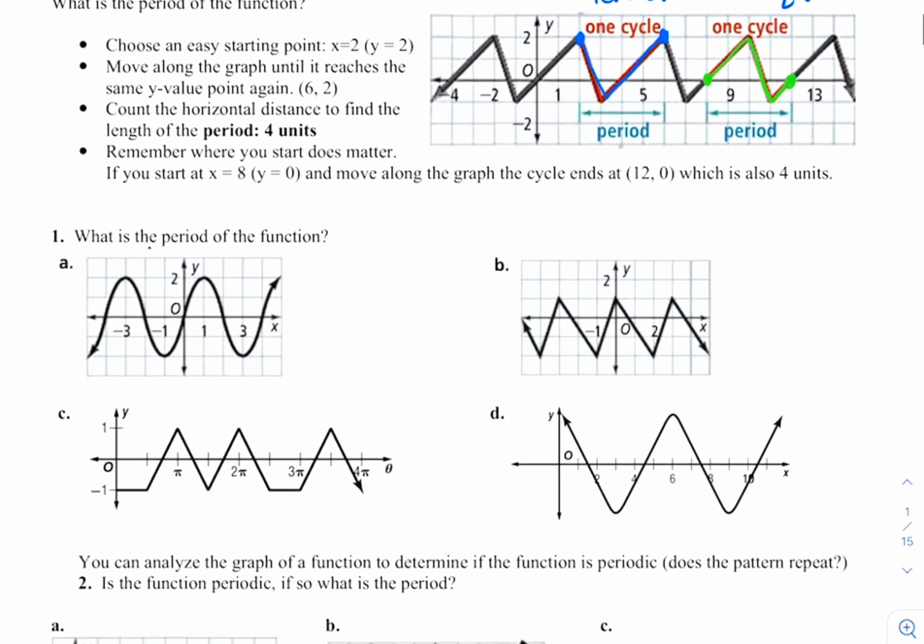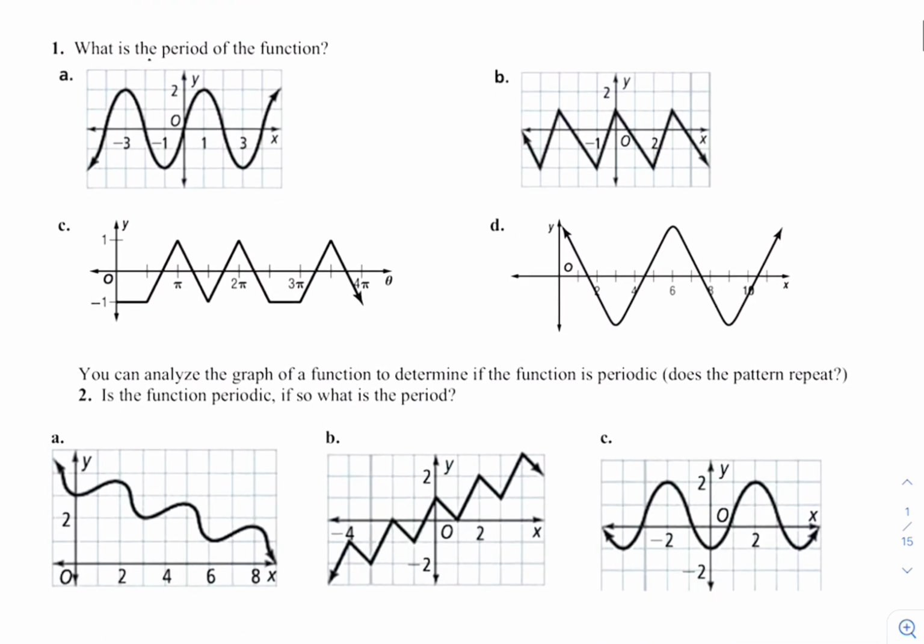Okay. So we're just going to do some practice of identifying the period of a function. If you pause your video for these 4 problems, I would like you to identify one cycle, and then once you have that identified, give me the horizontal length, so the period. All right, if I'm going to choose my cycle, I'm going to pick this one.